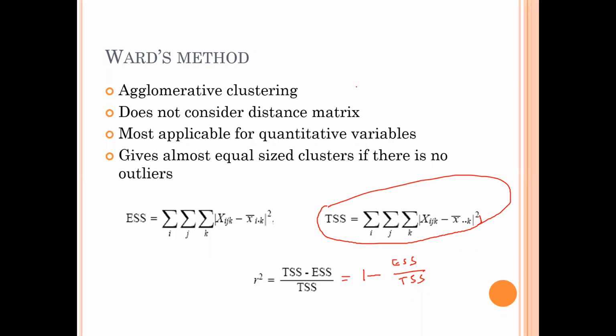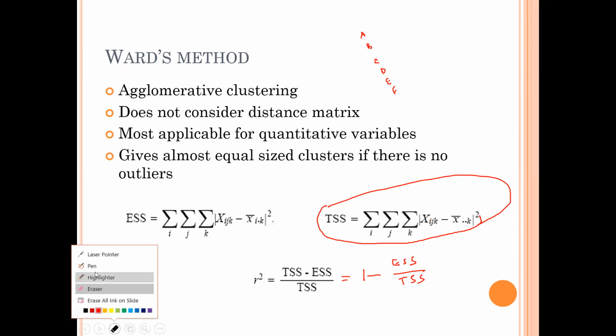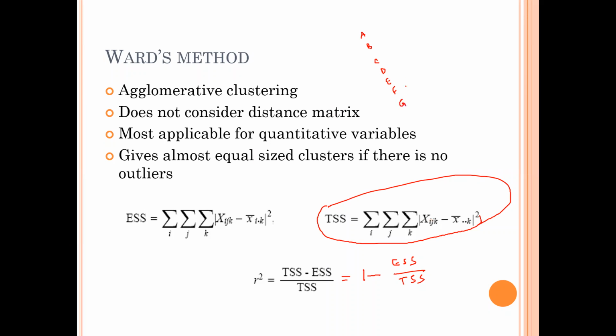What does this mean? Basically, if I have A, B, C, D, E, F, G, these 7 values, and I know, or I randomly put them like this, that these 2 are in one segment and these 5 are in the second segment.